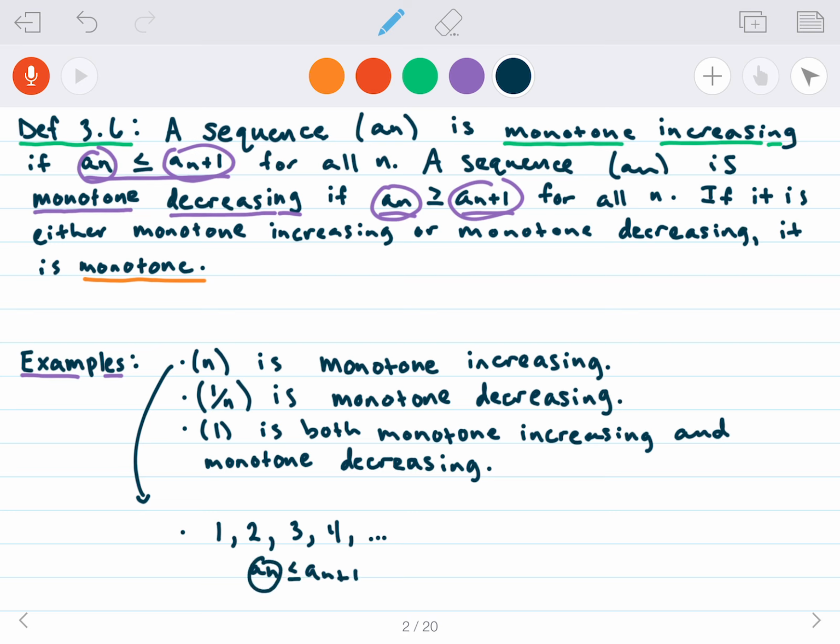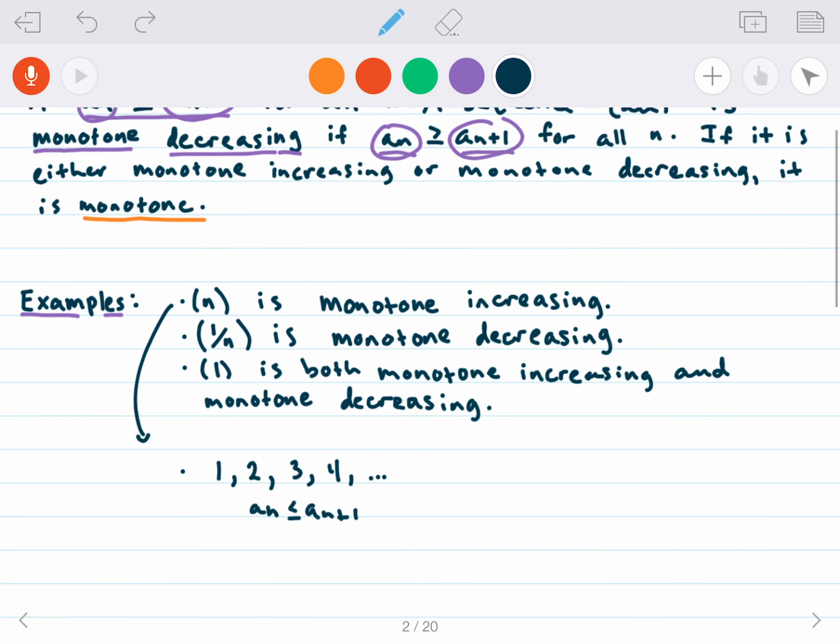The previous term is always smaller than or equal to the next term. 1 over n is monotone decreasing. Starting at n equals 1, we have 1; at n equals 2, we have 1/2, then 1/3, and so forth. And so we can see that the previous term, a_n, is always going to be bigger than or equal to the next term, a_{n+1}.